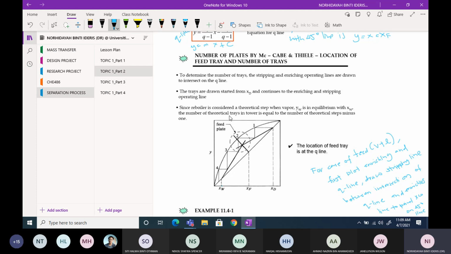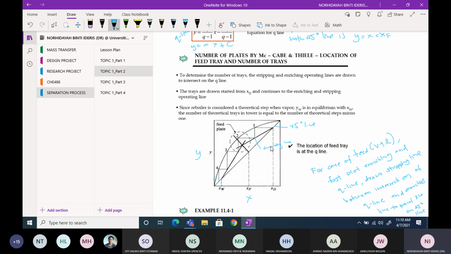Usually the first step, when you want to solve a problem of calculating the number of stages, is you need to have the equilibrium data between mole fraction of y and x. Then usually the first thing is that we solve for the enriching line and draw the enriching line.